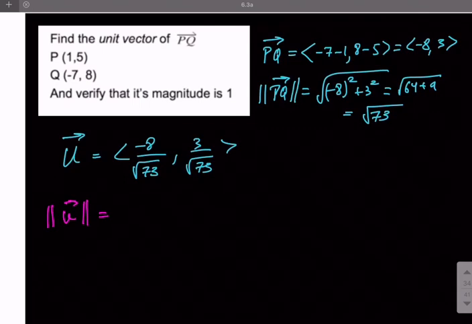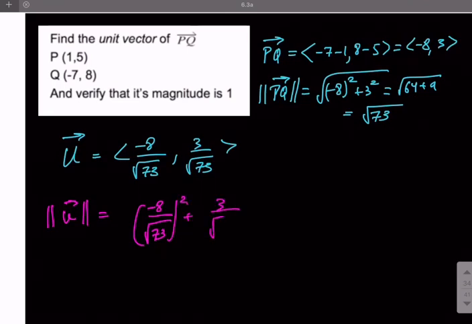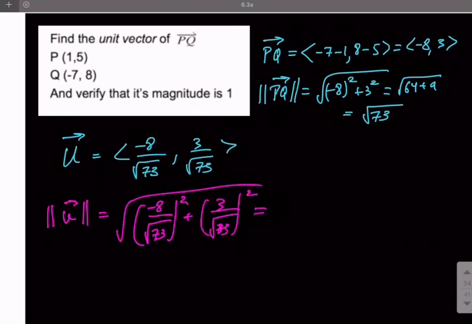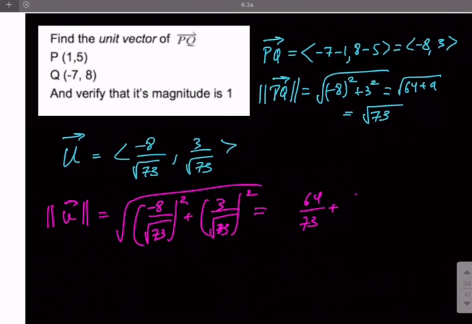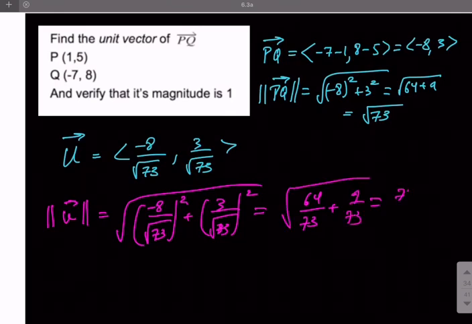It's going to be the square root of (negative 8 over root 73) squared plus (3 over root 73) squared, so that's going to give me 64 over 73 plus 9 over 73 square root, which is 73 over 73 square root, which is square root of 1, which is 1.